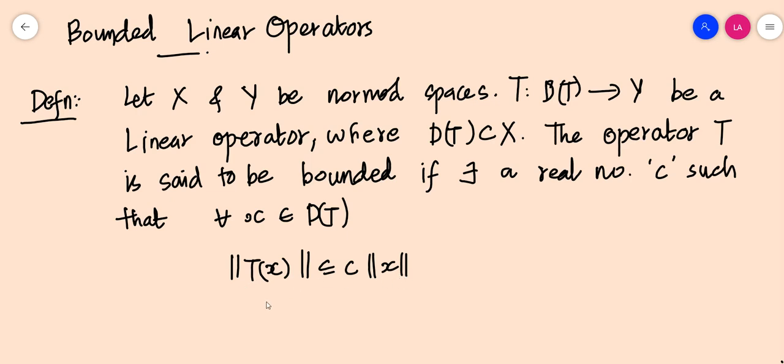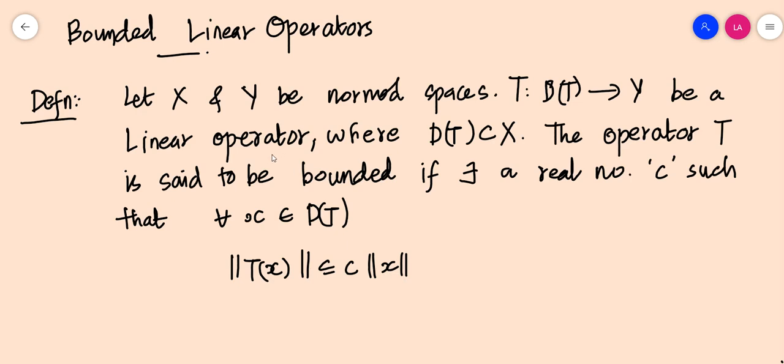We do not represent them as norm 1 and norm 2; we generally write the norm of Tx is less than or equal to c times the norm of x. You should understand that these two norms are defined on the spaces Y and X respectively.